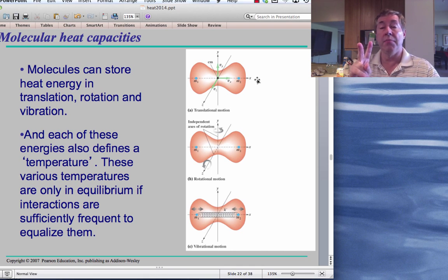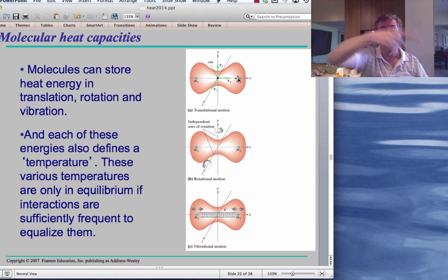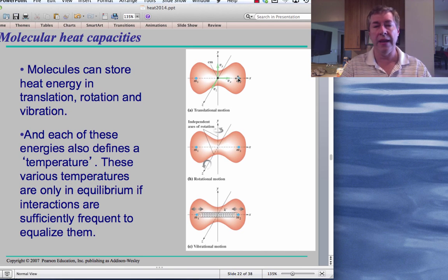When you have molecules, for example an oxygen molecule which has 2 atoms in it, they can do other things besides just simply translational motion. Besides just moving around, there's a certain amount of kinetic energy associated with whichever direction it's going. It has X, Y, and Z components of kinetic energy, but it also can store internal energy.